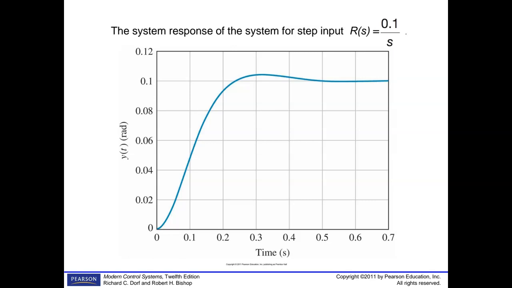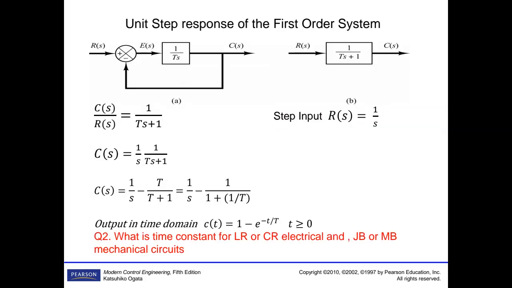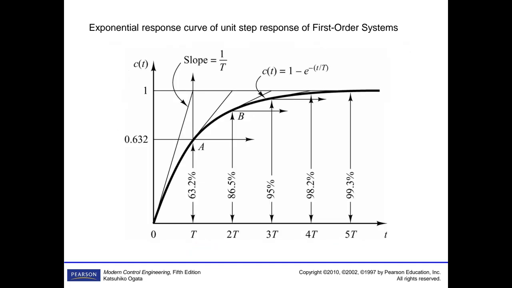Fifth week, or fifth course, one of the major points was the first order system response. That's the one. And of course, the unit ramp response error can be seen here.